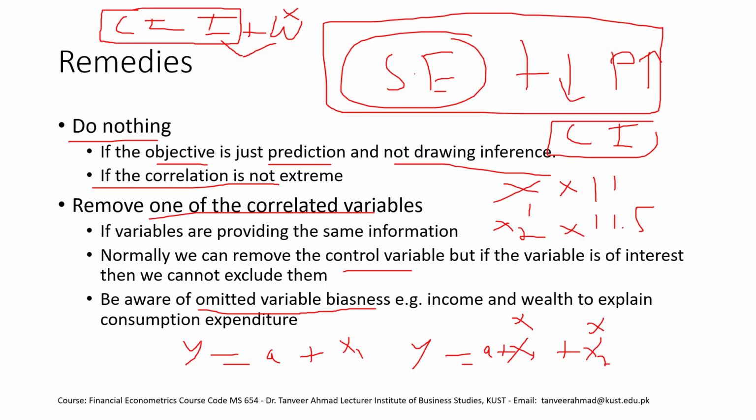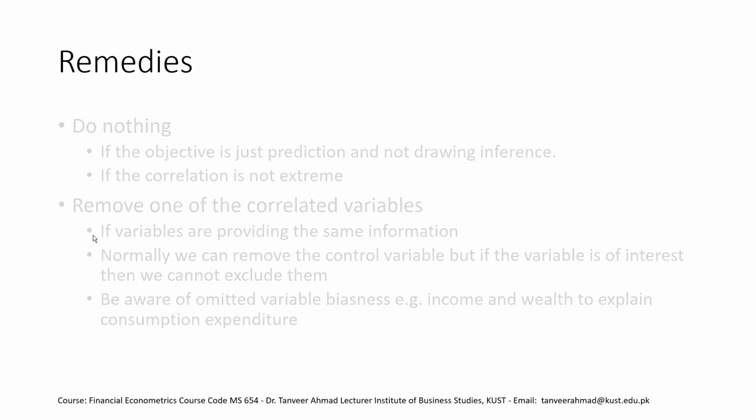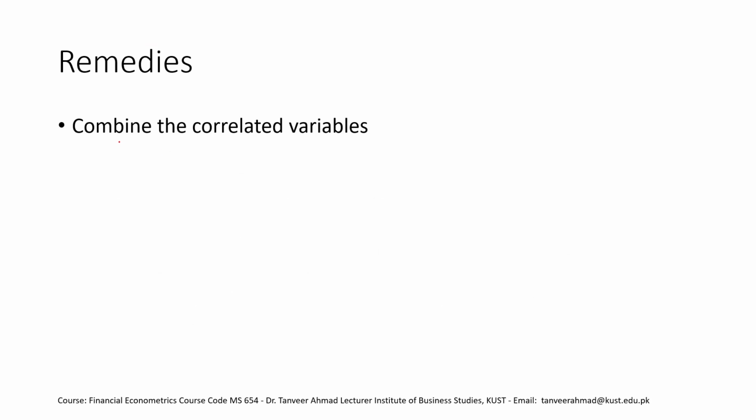Okay, so moving on, another remedy is to combine the correlated variables. For example, in the previous starting example, we saw the effect of experience and age on a teacher's salary.